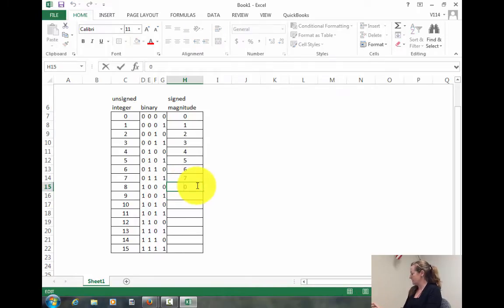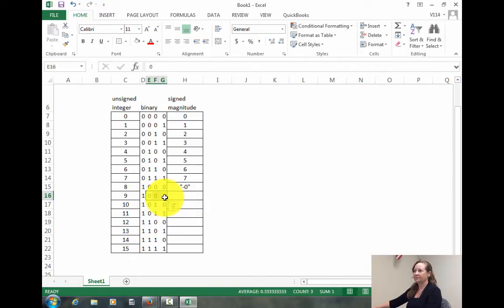In fact, I have to put quotations around it or else Excel changes it back. So that's our -0. What number would this guy be in signed magnitude? -2. No. What number is this guy? 1, and then the one in front just tells him he's negative. So this guy's actually negative 1.